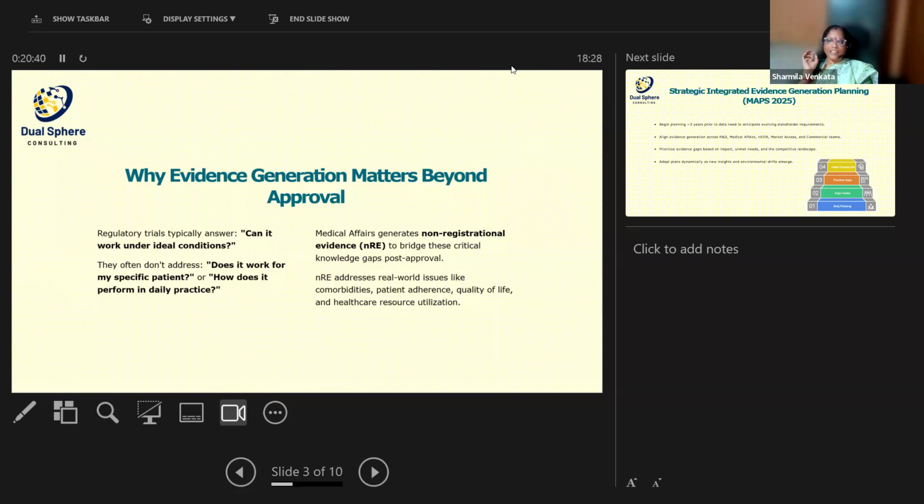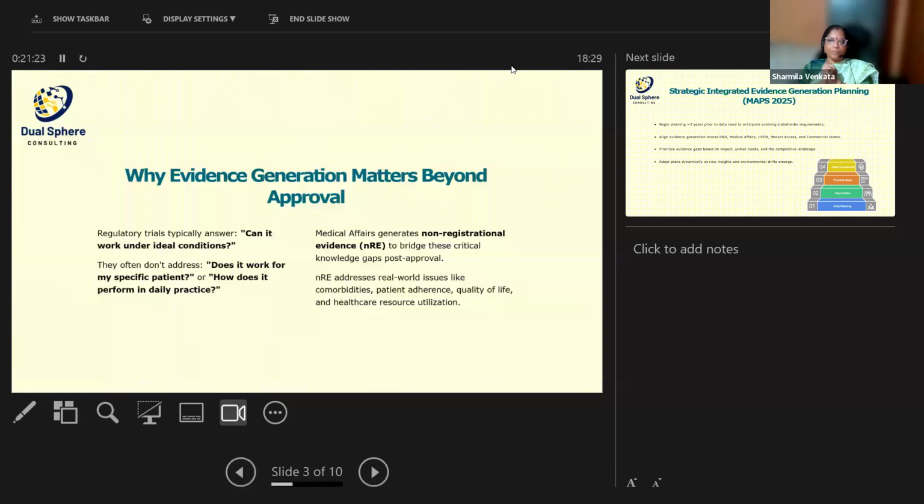If you take a vaccine example, trial participants are motivated, screened, and closely tracked, right? In reality, uptake can be influenced by misinformation, cultural beliefs, travel distance to clinics, and vaccine storage, right? These examples show that without non-registrational evidence, we risk overestimating the benefits or underestimating the challenges of a therapy in actual practice.